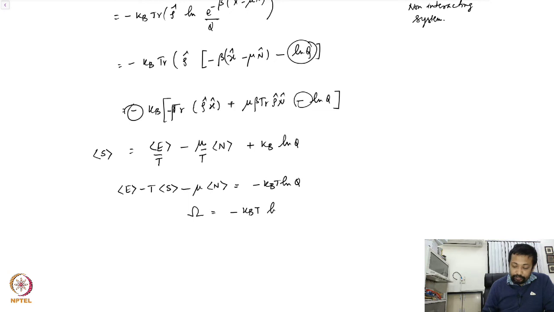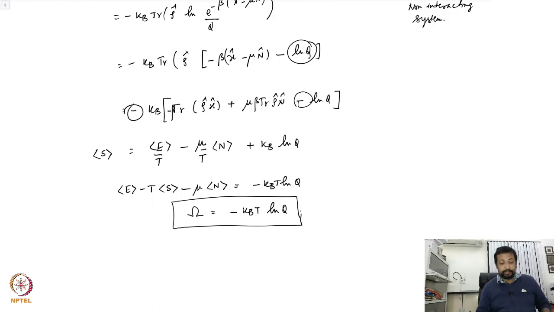So we have the grand potential as we got it in classical statistical mechanics.